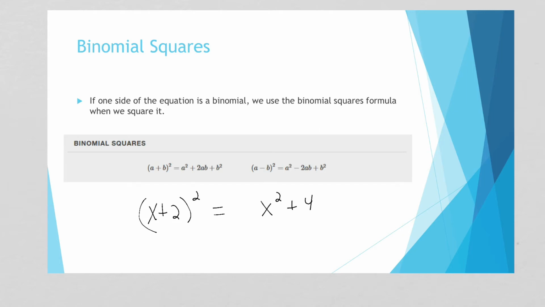That is wrong. You end up with x squared plus 4x plus 4. There is a middle term on these. So do not lose your middle term whenever you are squaring a binomial.